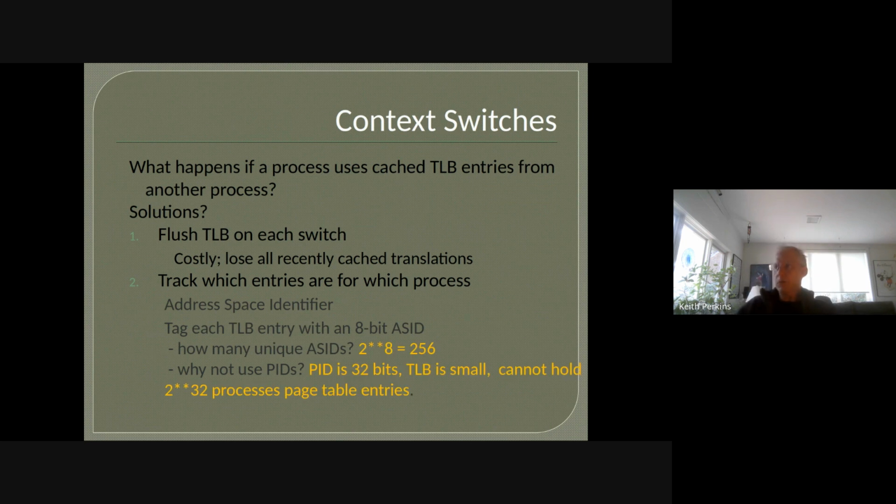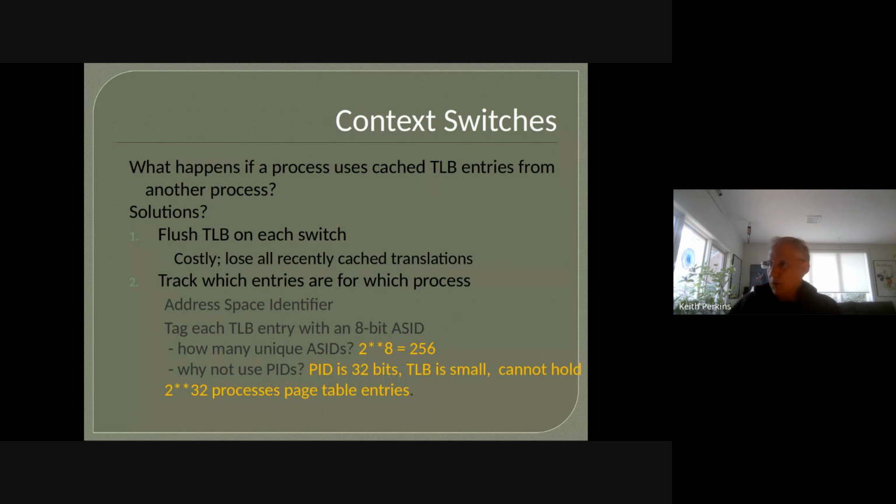You could use process IDs, but process IDs are 32 bits long, which means that if my TLB had this additional identifier of a process ID, that's 32 more bits per line, which implies that I can have 2 to the 32nd unique processes, which implies that my TLB can hold virtual to physical mappings for 4 billion processes. And it's just not that big. It's going to hold, at most, a few thousand virtual to physical mappings.